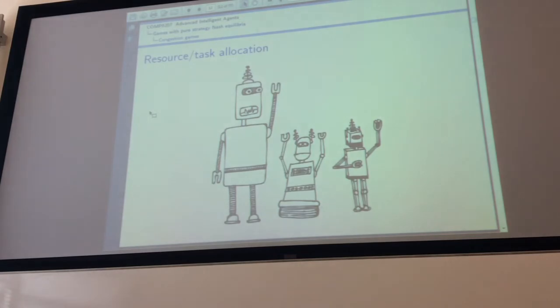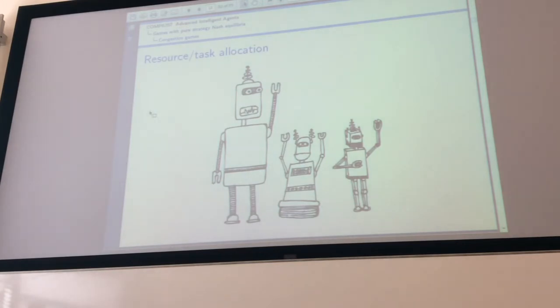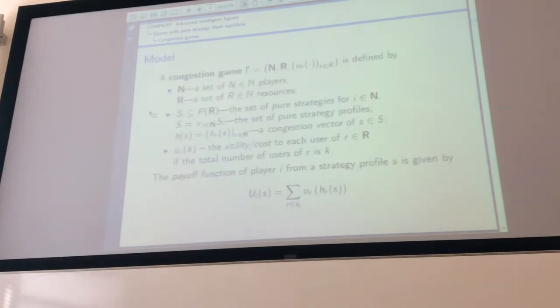So these are all different stories that fall into the same model, in fact, right? Resources shared by agents, right? And then the congestion on each resource may have a negative or a positive impact.